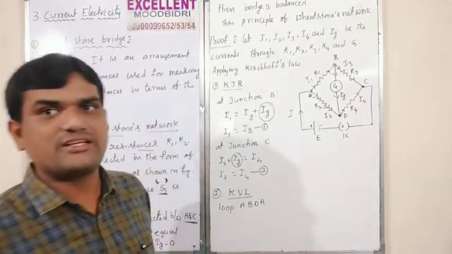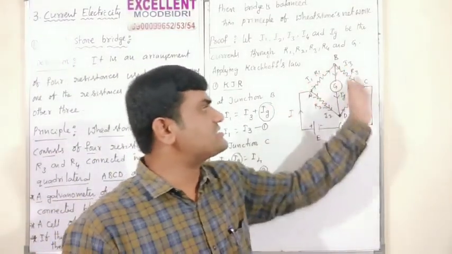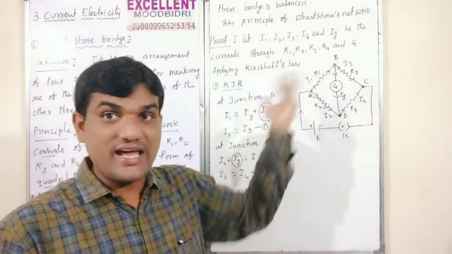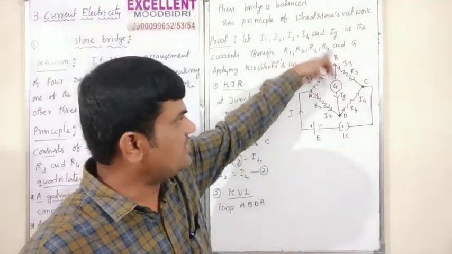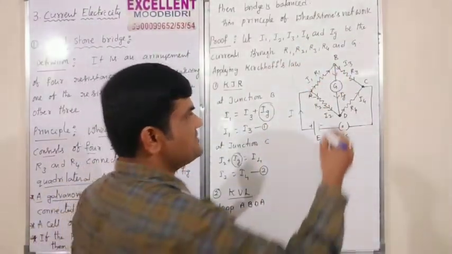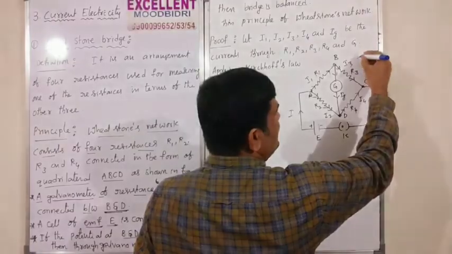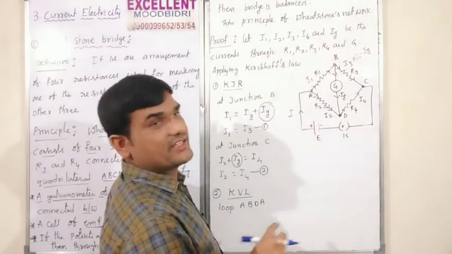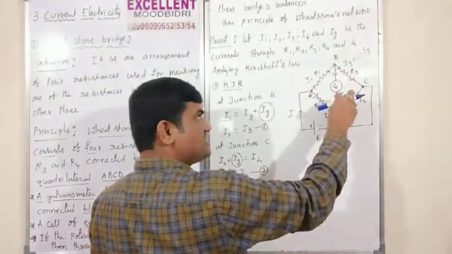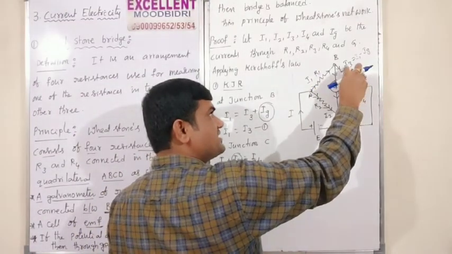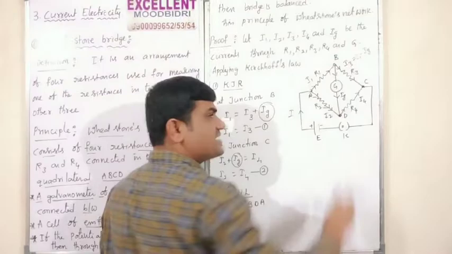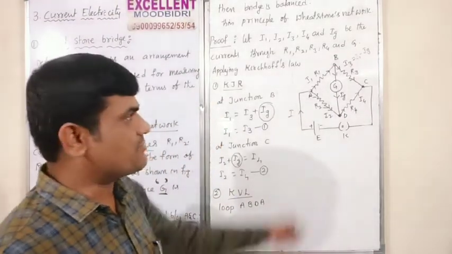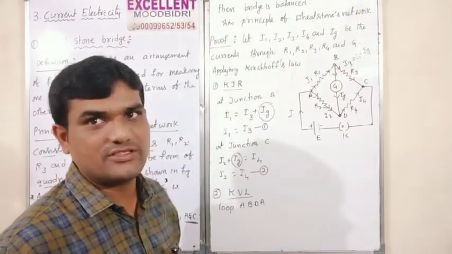What is I3 equal to? I3 is equal to I1 minus Ig. Divided, not adding. Some current is flowing here, and the remaining current flows like that only.